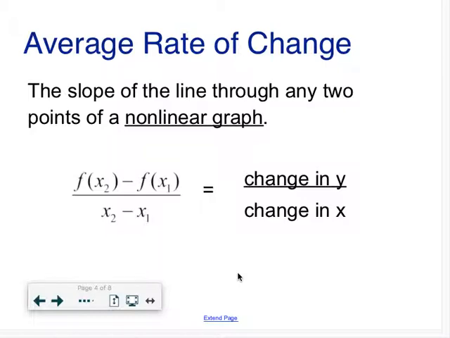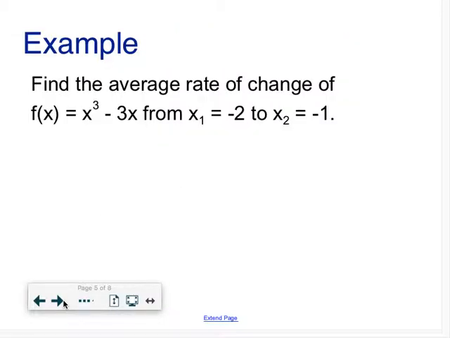And we'll look at an example. Homework problems tonight are going to look something like this. It's going to ask you to find the average rate of change, which I'm going to abbreviate ARC. Okay, find the average rate of change for the function f of x equals x cubed minus 3x.